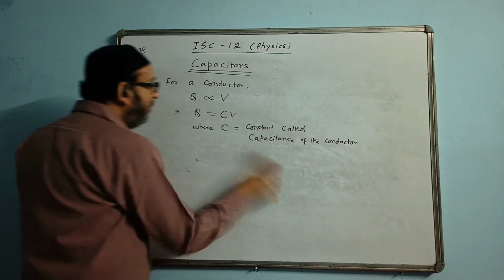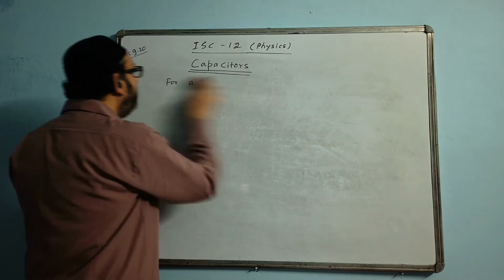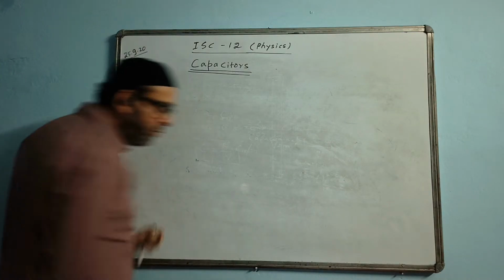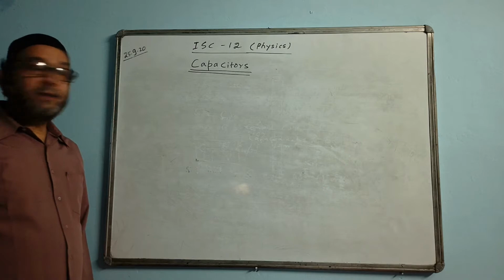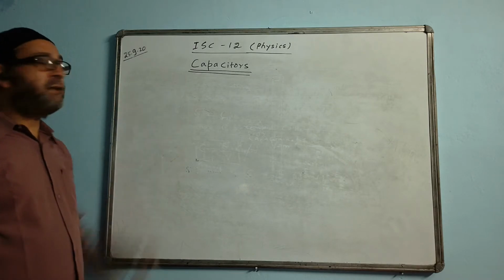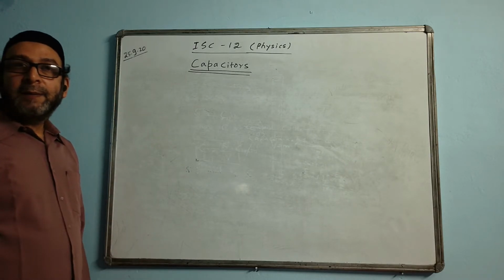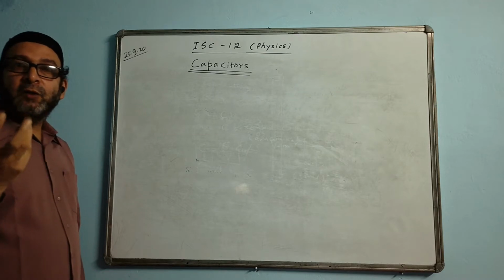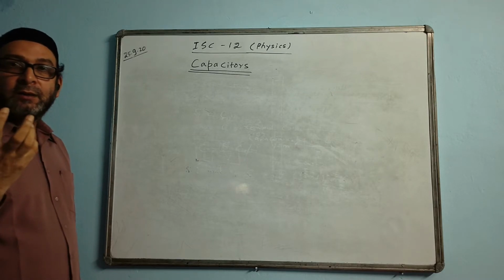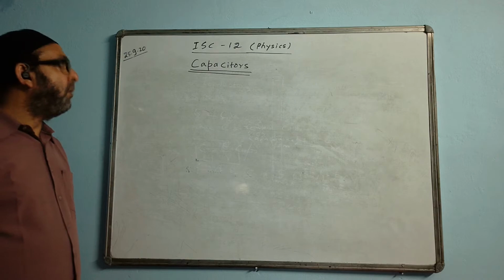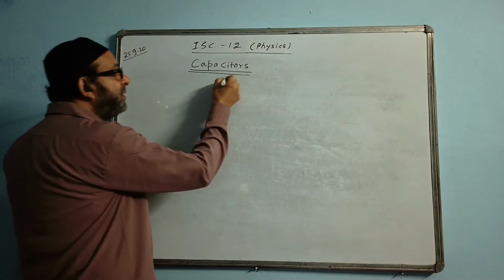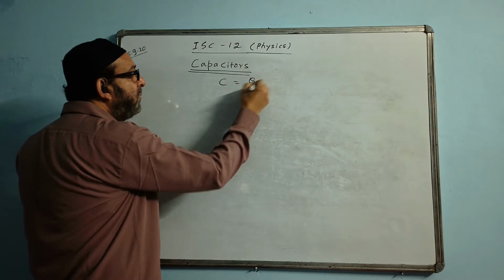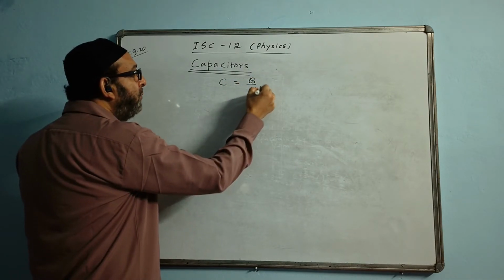Okay. Now this thing is not in the syllabus, but just to have an idea about it. How to make a capacitor? What is the principle of making a capacitor? A capacitor is the conductor which should store a large amount of charge in a small space. As the formula suggests, C is equal to Q by V, we will go for minimum potential.